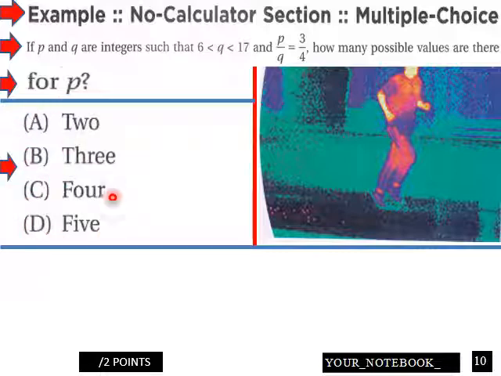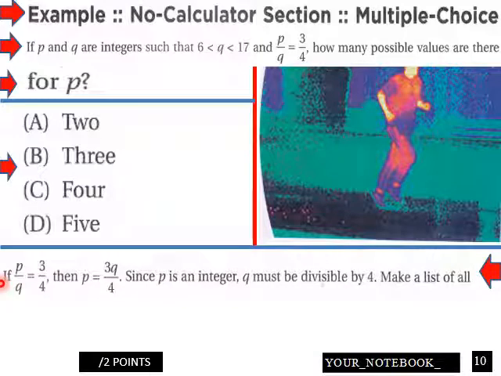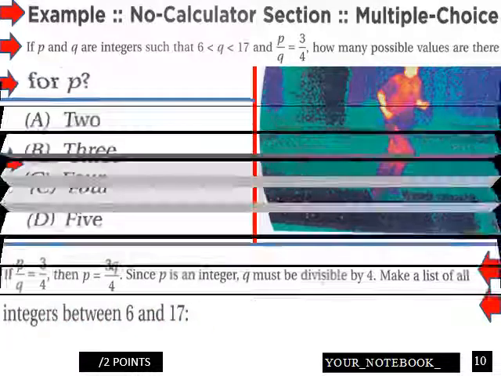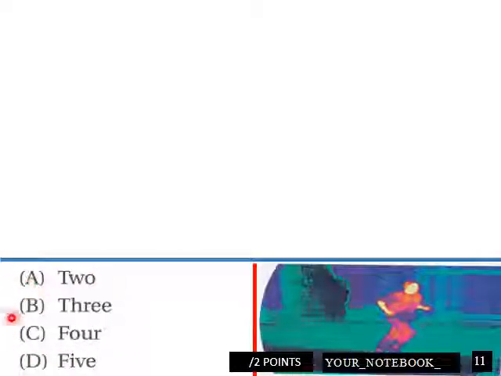So these are the possibilities here for p. If p over q equals 3 over 4, then p equals 3q over 4. Since p is an integer, q must be divisible by 4. Make a list of all the integers between 6 and 17. So we have these here.